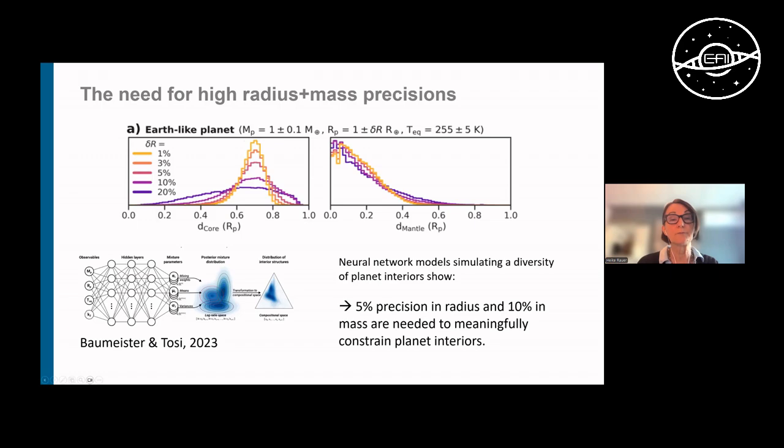Only with 5% uncertainty in the radius are we starting to be able to constrain the core size for such a planet. And that told us we really need precise radius measurements, at least 5%, and 10% in masses. Of course, more complex model variations have been done following this initial study, but they came to the same conclusion. We really need the radii and masses with a certain precision.